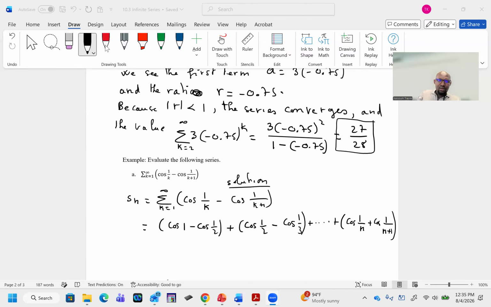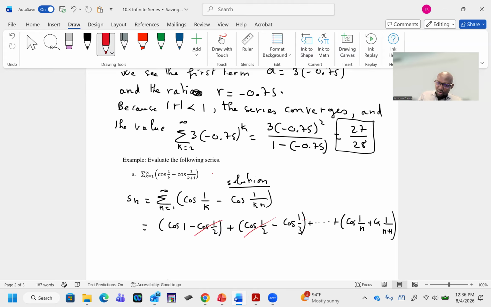So if you look, do you see you have negative cosine of 1/2 here? That will cancel with this cosine of 1/2, right? And in the next parenthesis, negative cosine of 1/3 will cancel with the next term, because when k is 3, it will start with cosine of 1/3, and all of them will cancel out.